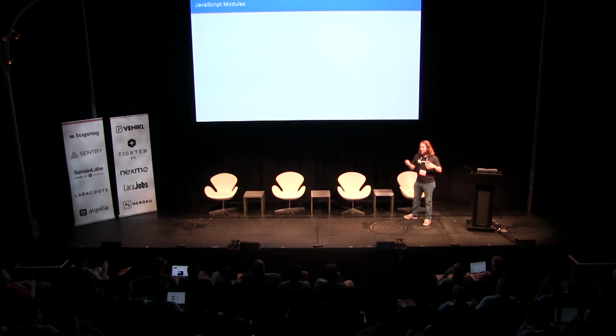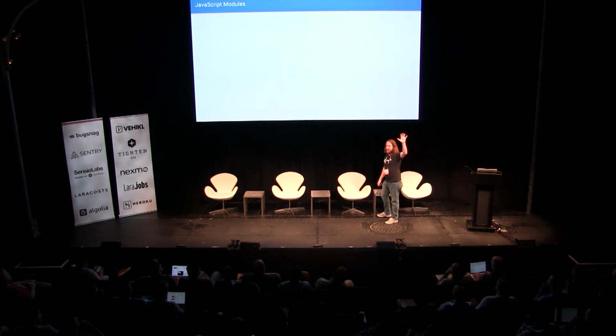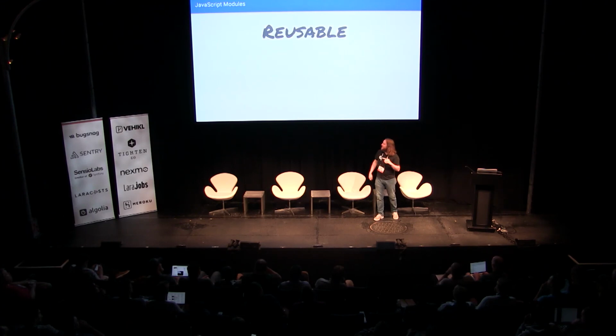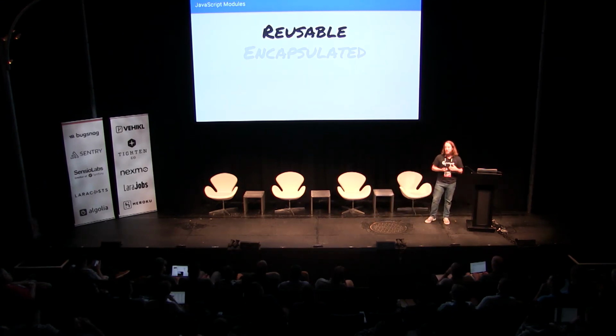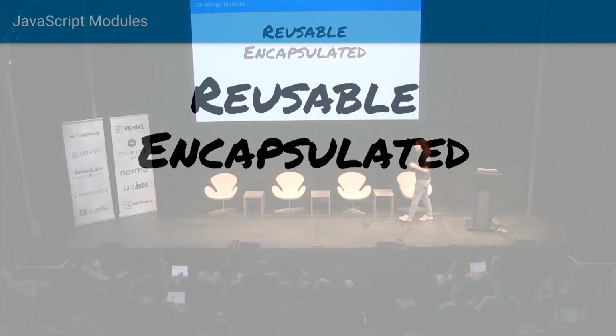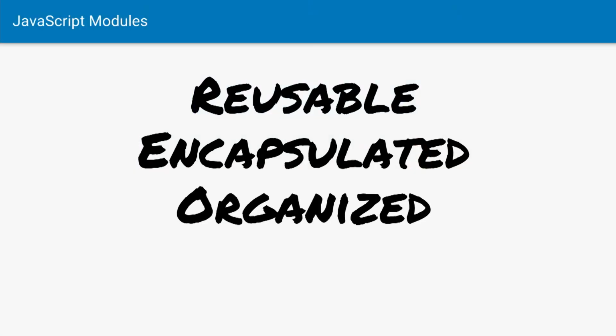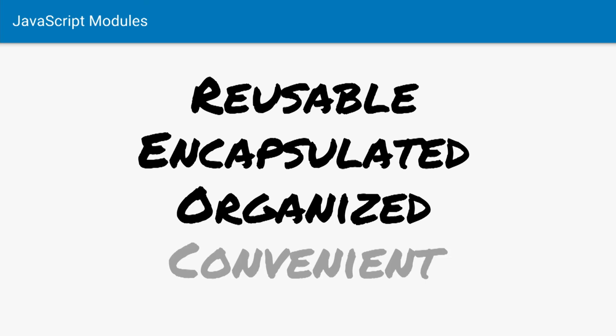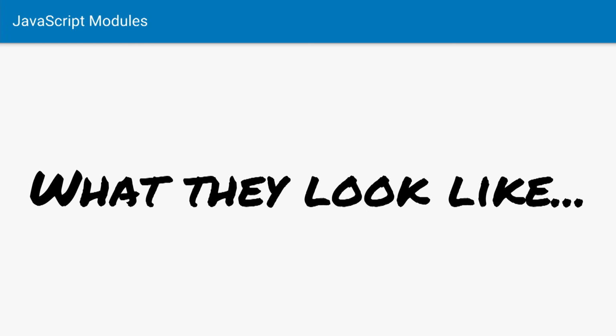So, who here knows what a JavaScript module is? Okay, less hands. But we understand the benefits of a module. They're reusable, they're encapsulated, and they help keep your code organized. And they're pieces of functionality that are convenient that you can require into your code base. But what do they look like?